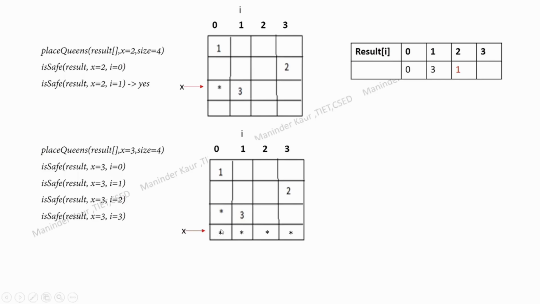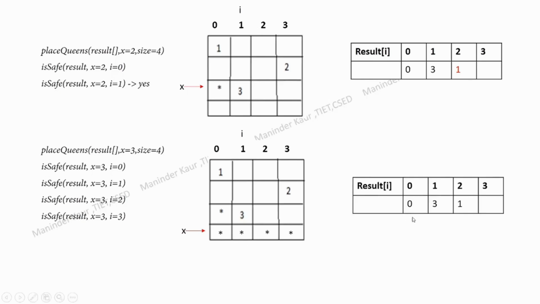This will return false for I is equal to 0. Similarly, for I is equal to 1, this will return false because there is a vertical attack here. For I is equal to 2, there will be a diagonal attack again. For I is equal to 3, there will be again a vertical attack. That means there is no possibility of placing the fourth queen in the fourth row.